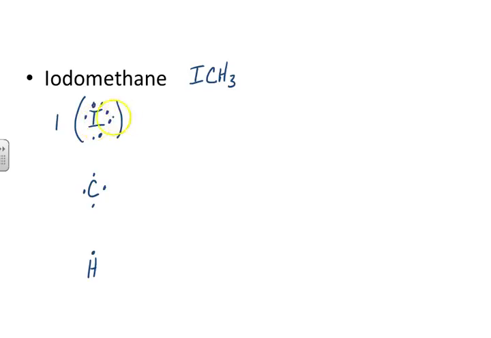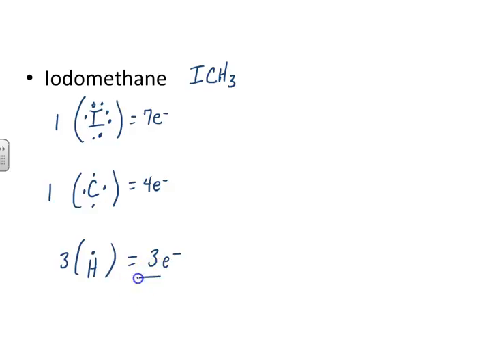That's 1 times 7 electrons equals 7 electrons. We have 1 carbon, 1 times 4 electrons, 4 electrons. And then we have 3 hydrogens, 3 times 1 electron, 3 electrons. That's going to give a total of 14 electrons.